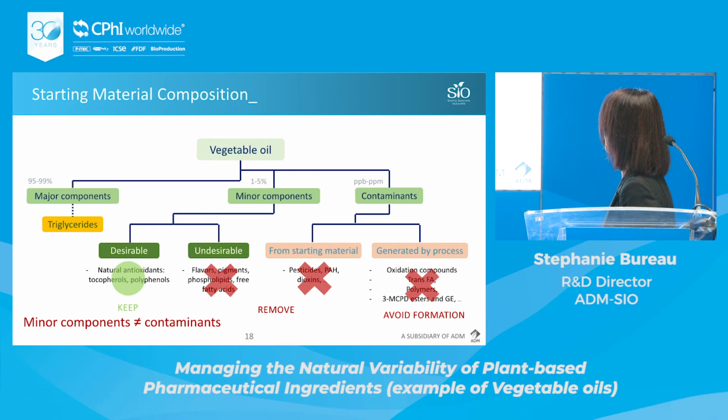That's the case of oxidation compounds, trans fatty acids, some fatty acid polymers, and esters of 3-MCPD and glycidol. So it's important to notice that these minor components are not to be considered as contaminants, as they are part of the typical composition of the oil.